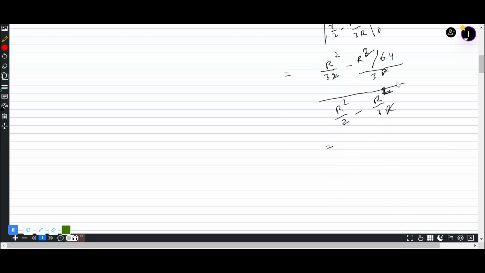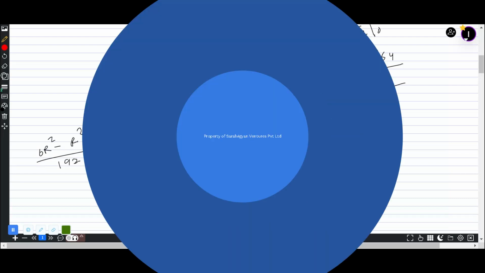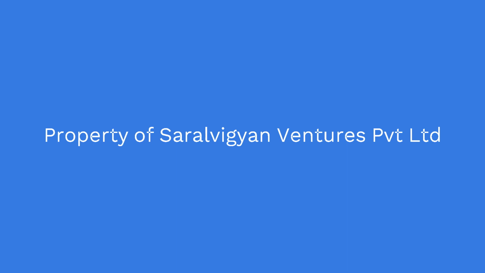So 32 and 192, what is the LCM for 32 and 192? That will be 192, 32 times 6 is 192, that is 6R square minus R square, that is going to be 5R square over 192.